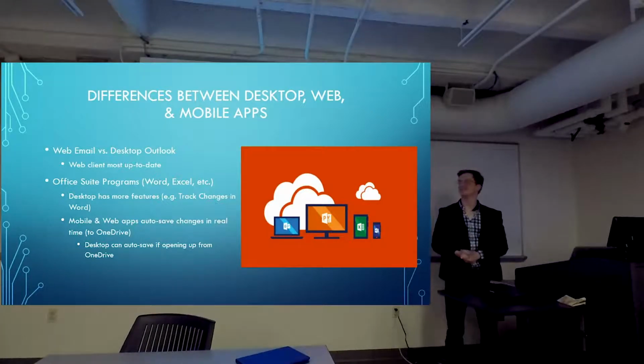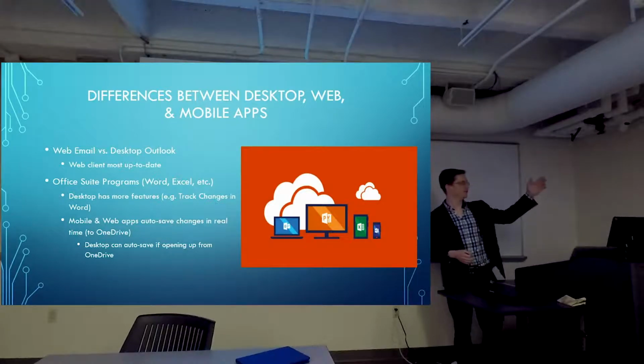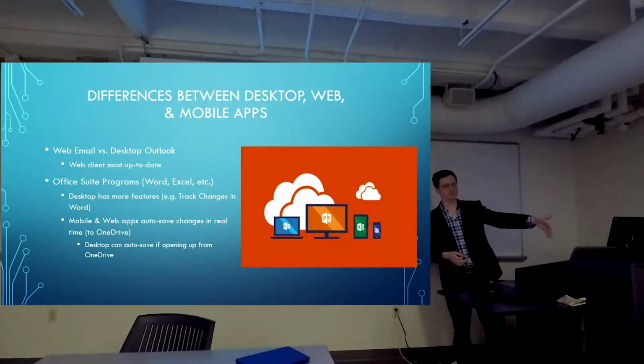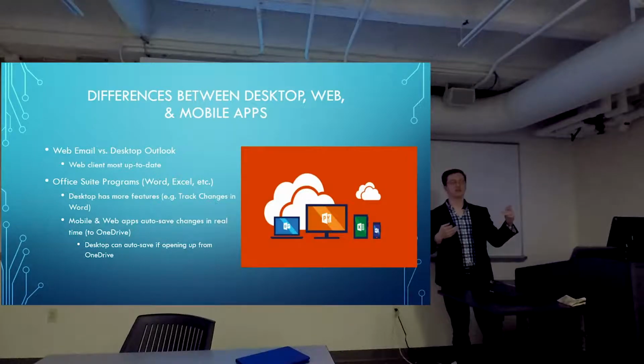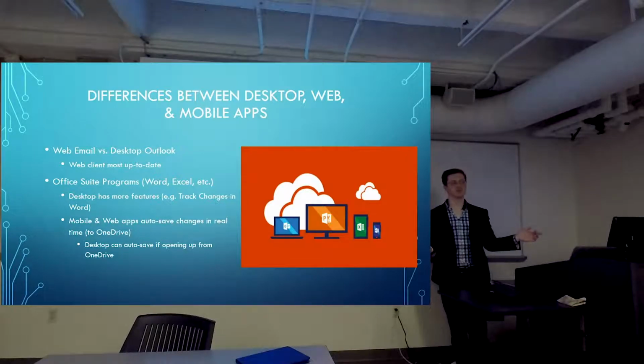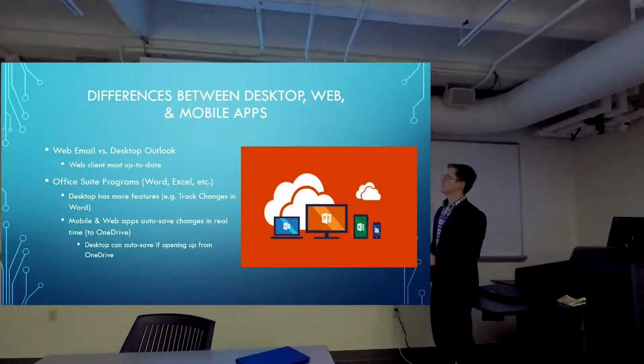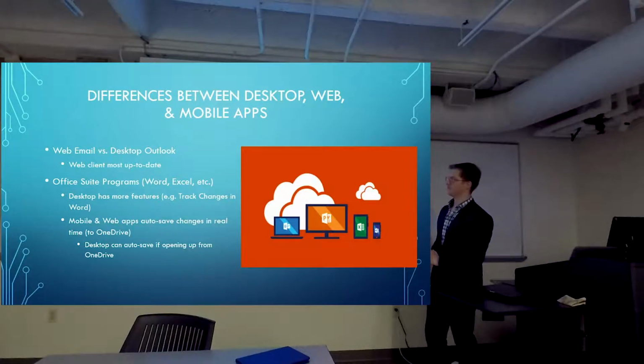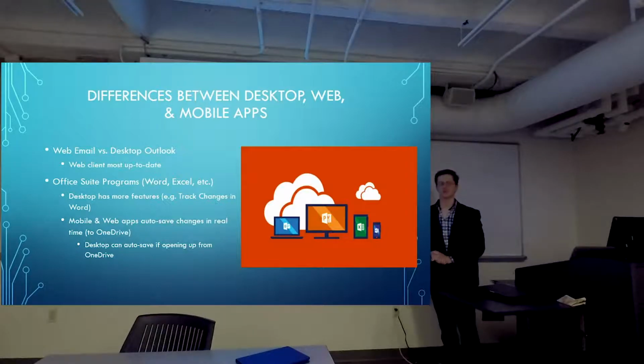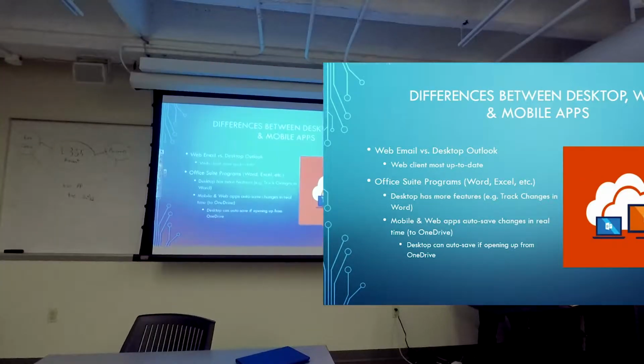Okay. So now we're going to get into the differences between what's going on here with this computer, laptop, my iPad, even your mobile phones can install some of these programs. I'm going to start first with the web email. This is what most of you have probably used to log in online.